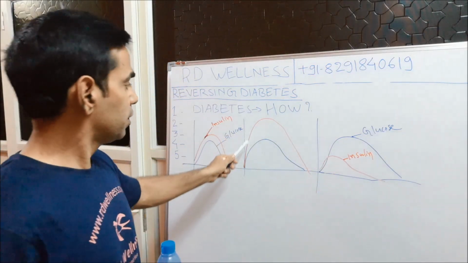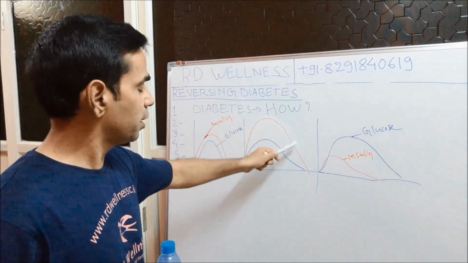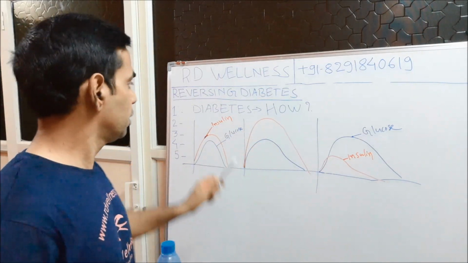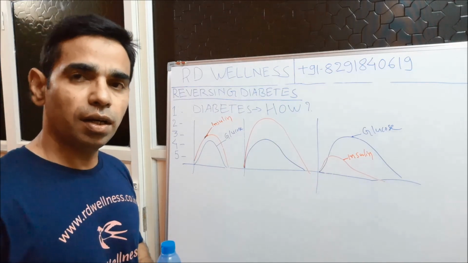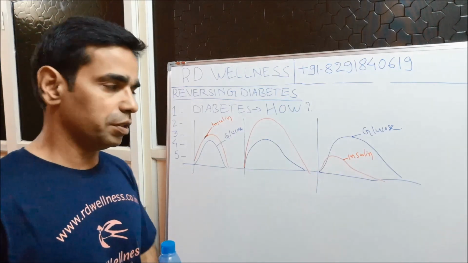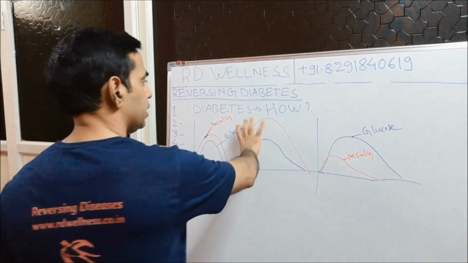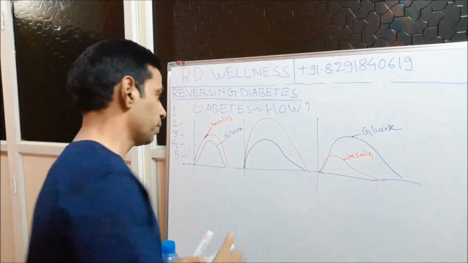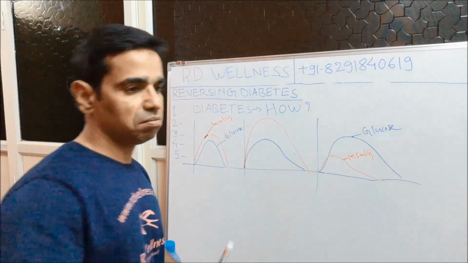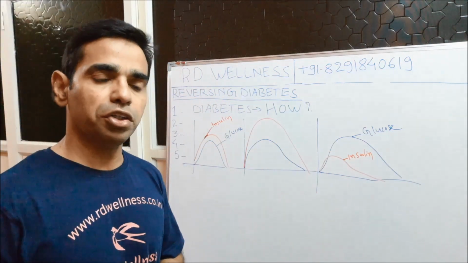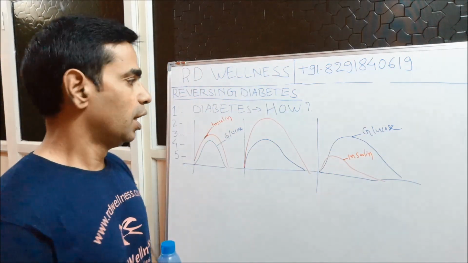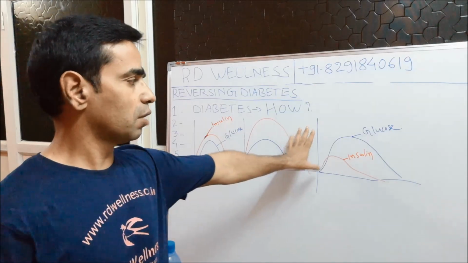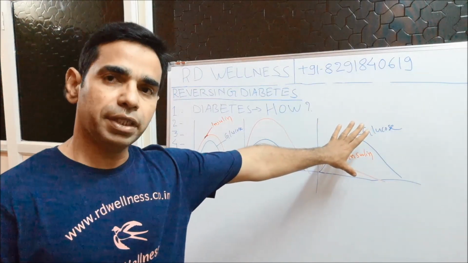So you see that the release of insulin is much higher, and for a longer duration, as compared to a normal body or a healthy person. This scenario, which we may call a pre-diabetic condition, goes on for a longer duration, for a number of years, before a person is converted into the fully diabetic situation.